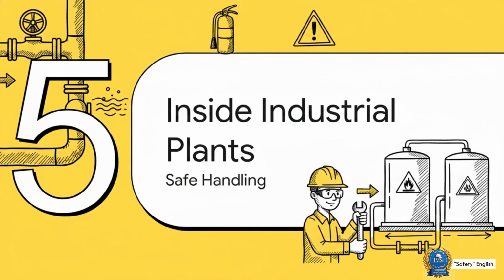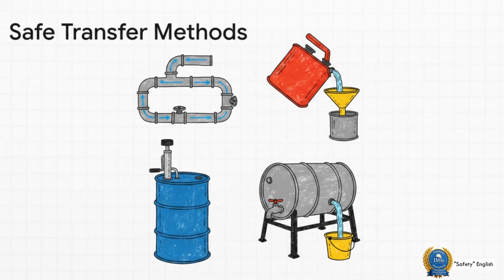Last but not least, Section 5, Inside Industrial Plants, Safe Handling. How do we actually handle and move this stuff around inside an active working plant? When you need to transfer flammable liquids, OSHA only allows very specific safe methods. Let's go over these action words together.